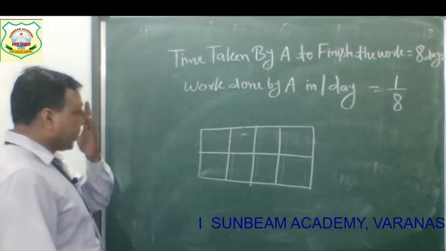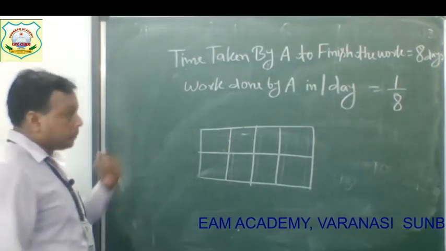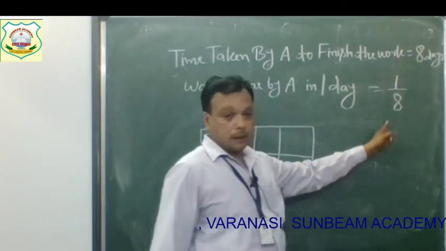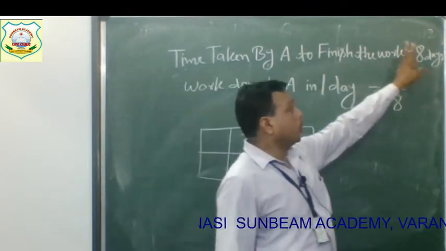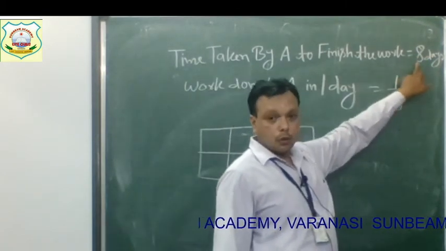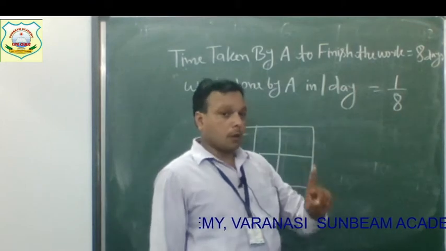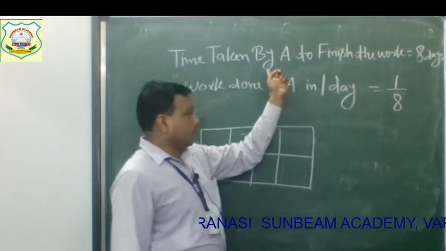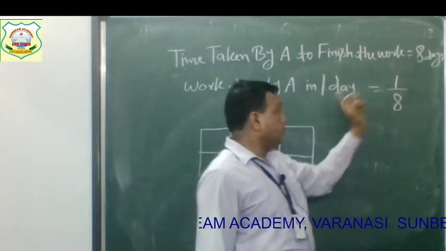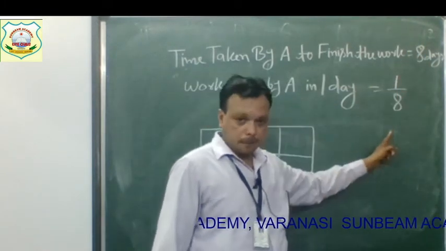Clear? So 1 day work is 1 upon 8. If it says 10 days, it will be 1 upon 10. If it says 12 days, then 1 upon 12. If 20 days, then 1 upon 20. If he completes the work in 30 days, then in 1 day the work is 1 upon 30.